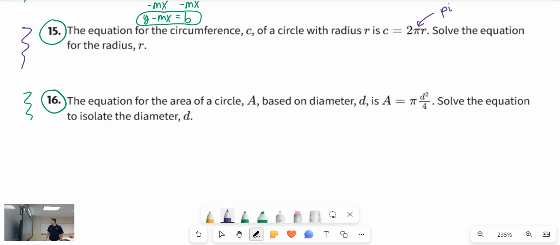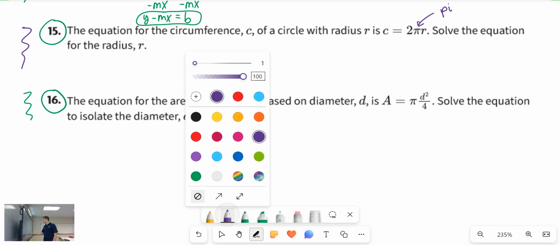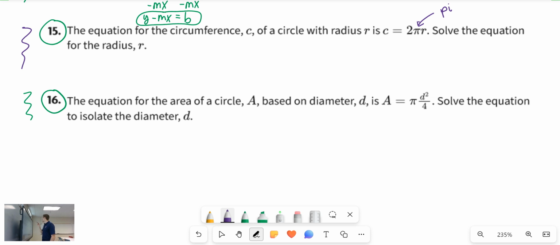Solve the equation for the radius r. All right, so our equation is C equals 2 pi r, and we want to solve for the radius r.